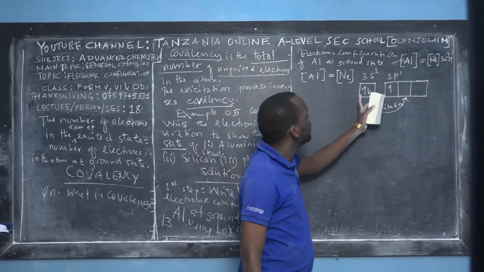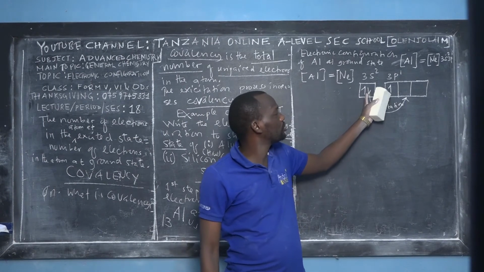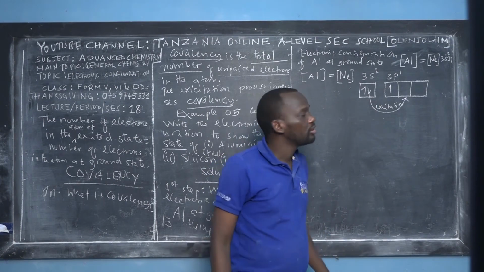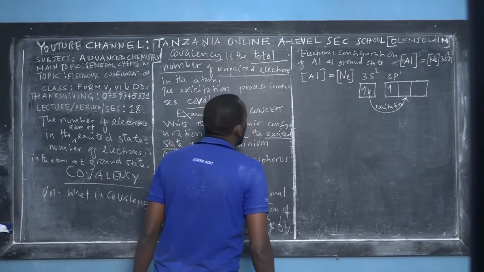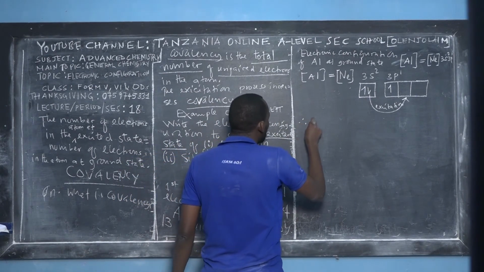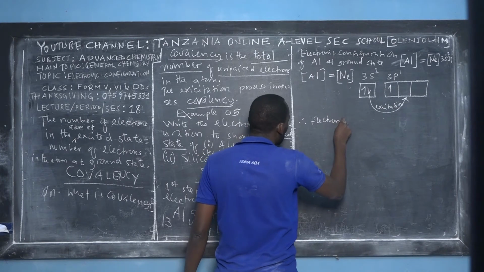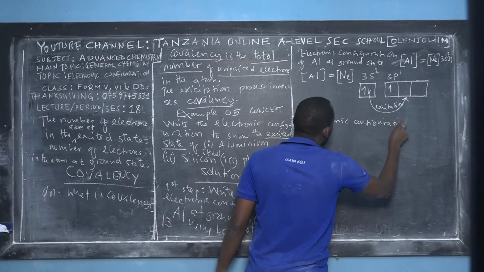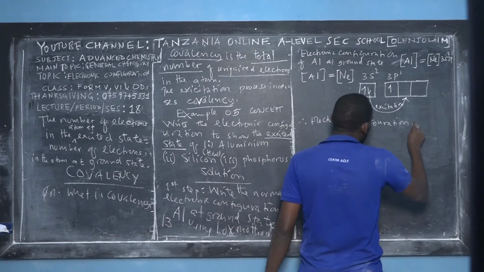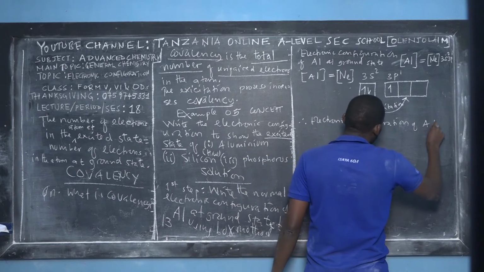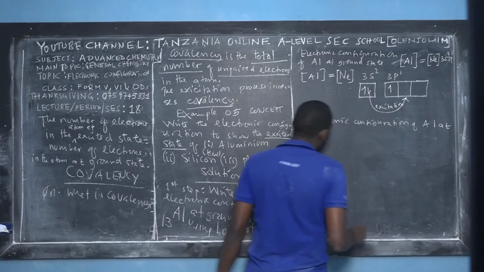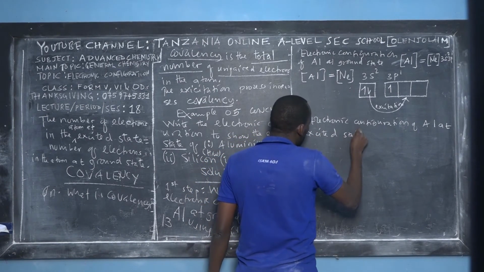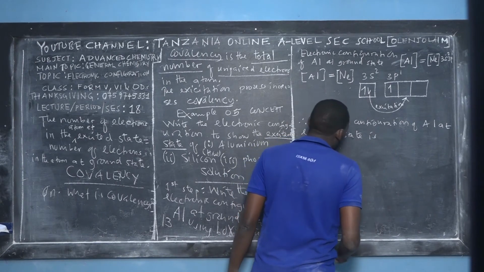It's easier for this atom to promote these electrons rather than the inner ones. So, therefore, the electronic configuration of aluminium at excited state is giving us this.